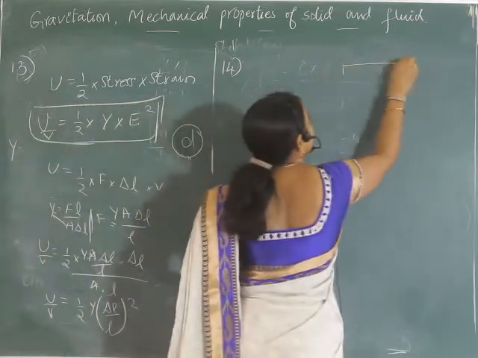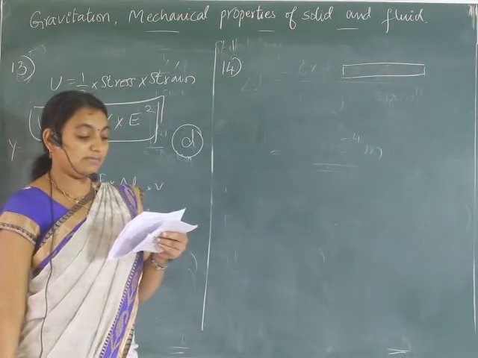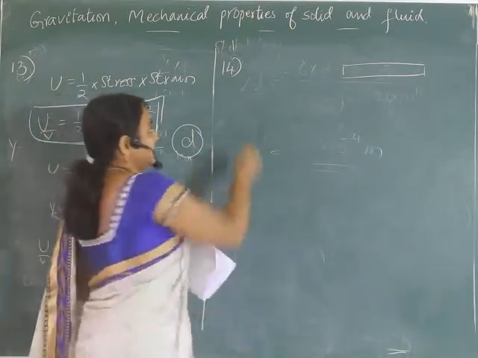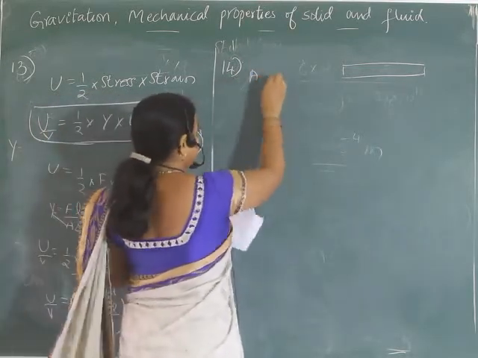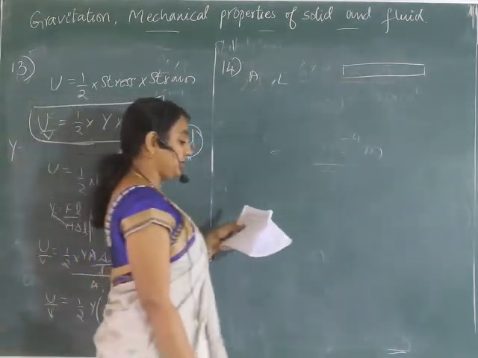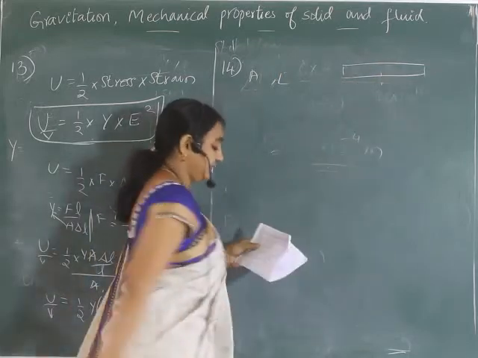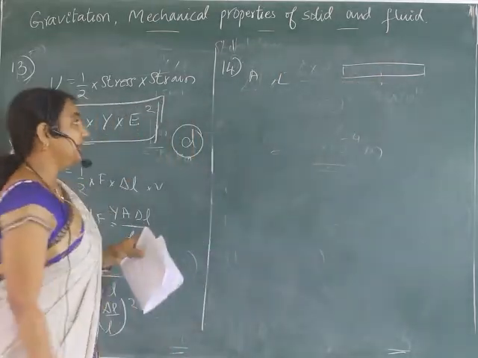One bar is there, okay. Uniform steel bar, cross-section area is A and its length is L. It hangs at the center. What is the stress? At the center you have to say, correct?